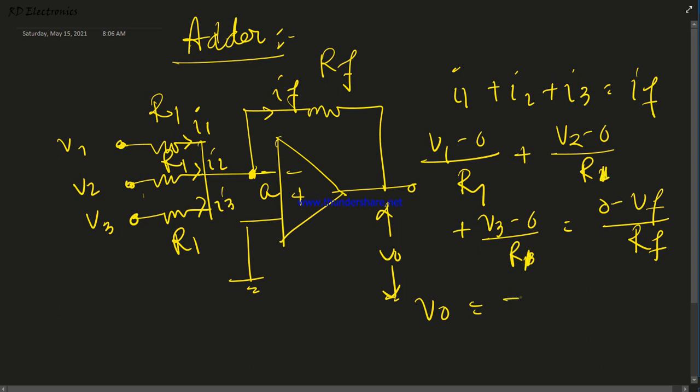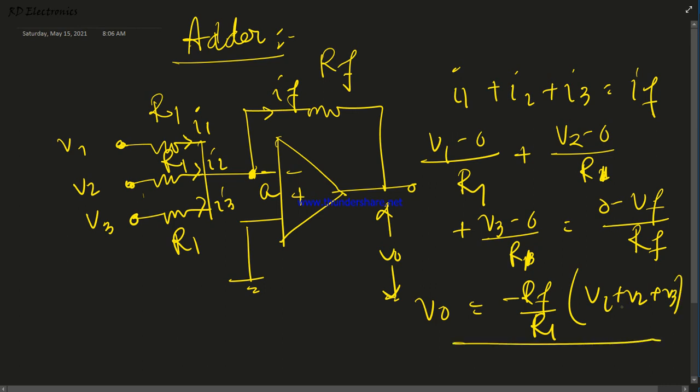Okay, so that means the formula is V0 equals minus Rf by R1 times V1 plus V2 plus V3. So here we get the addition of these three input voltages, but the output is inverted. Okay, so this is the application of one adder circuit, and if we consider Rf equal to R1, then this circuit is just the addition of these three input voltages, but the output is inverted.